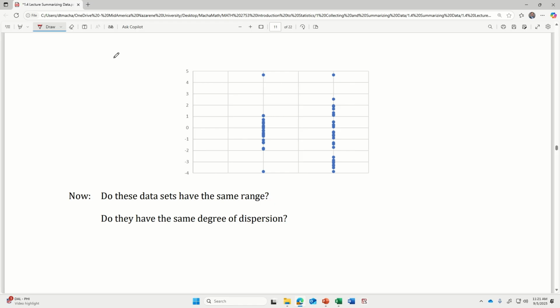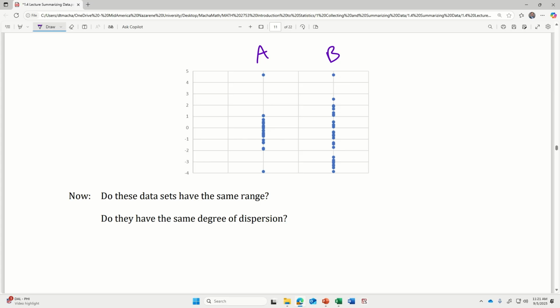Now what about this? If again I have data set A and data set B, do these have the same range? Yeah. The range is just the maximum minus the minimum. And these have exactly the same maximum and exactly the same minimum.